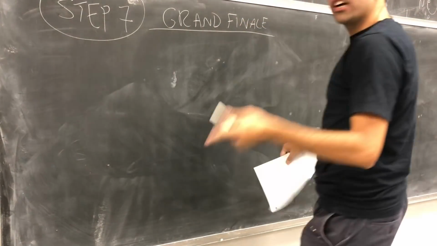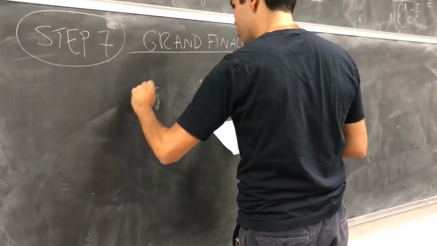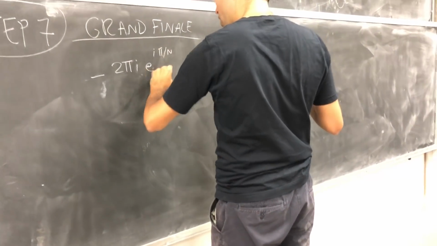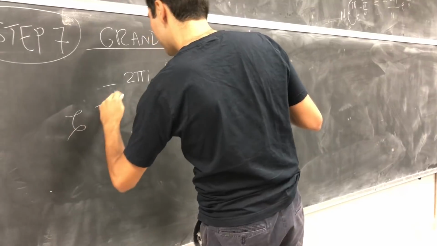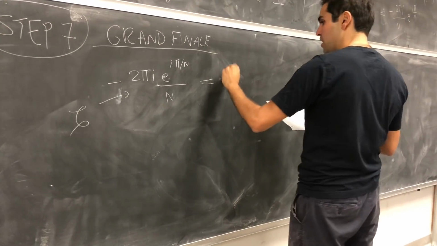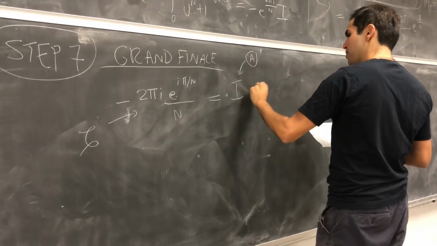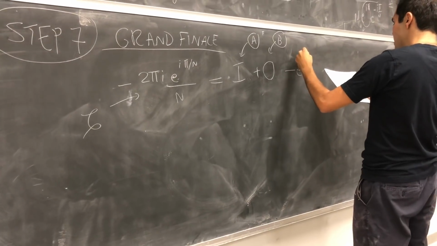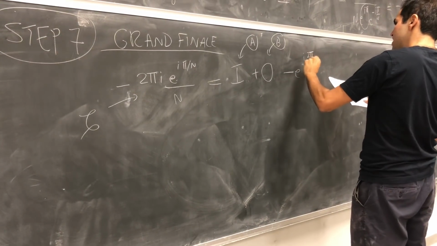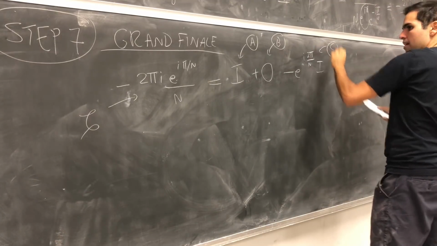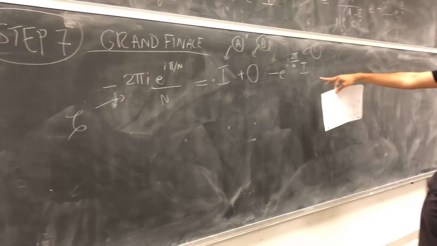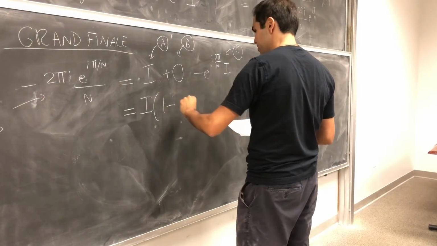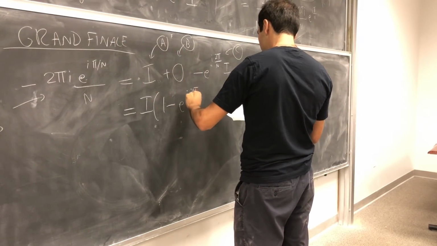Because on the one hand, we have the result from the whole curve C, so minus 2 pi i e^(i pi over n), that's from C, equals A, which gave you I, plus B, which gave you 0, plus C, which gave you minus e^(i 2 pi over n) I. Which means that, in fact, we can solve for I. So this becomes I times 1 minus e^(i 2 pi over n).